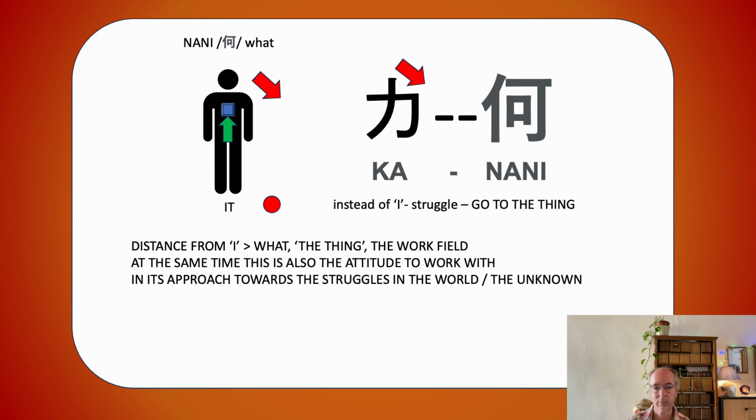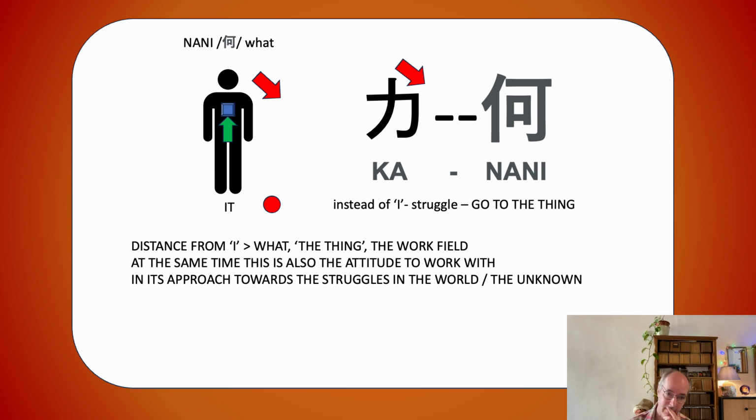And in the question, one of these easily associated elements was, of course, you have the person who asks the question, you have the good question, and you have the question mark. The ka is like the question mark, and the nani, or "what", is actually the question to the question mark.